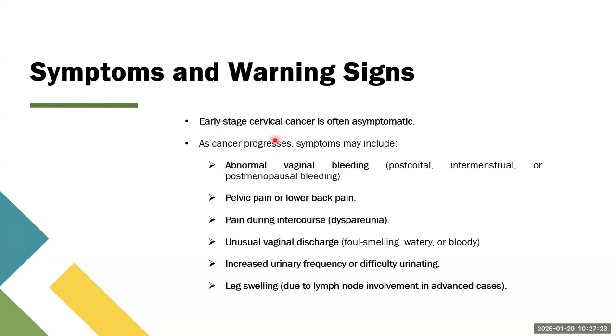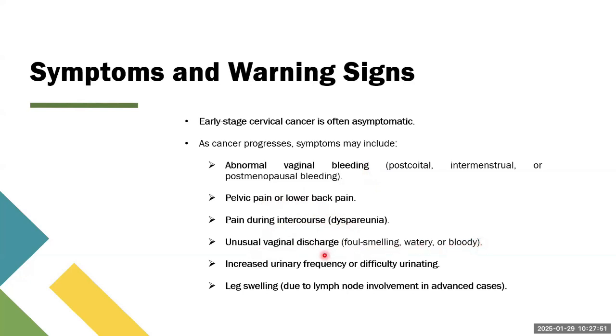As the cancer progresses, symptoms might include abnormal vaginal bleeding, which can be postcoital, intermenstrual, or postmenstrual bleeding. These are different bleeding patterns depending on the age of the females. There can be pelvic pain or lower back pain, pain during intercourse, which is called dyspareunia, and unusual vaginal discharge, which can be foul smelling, watery or bloody.